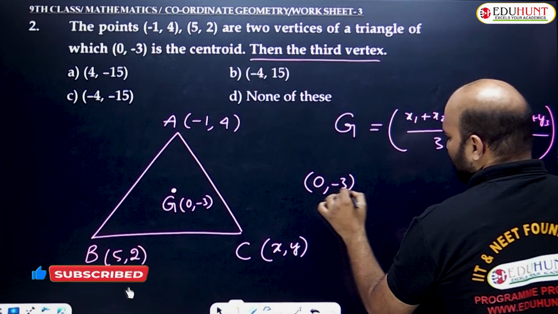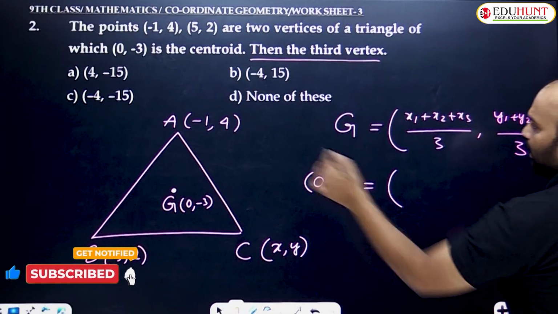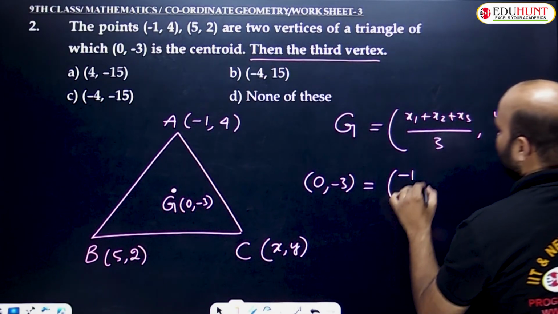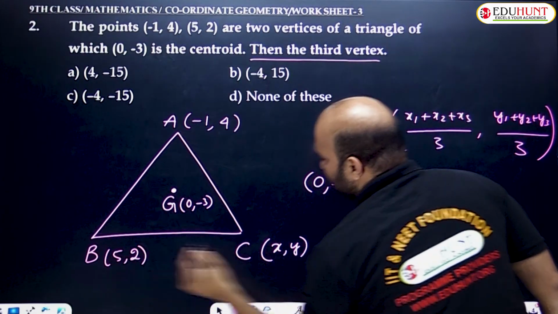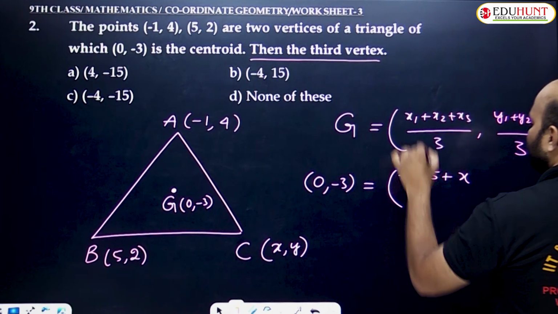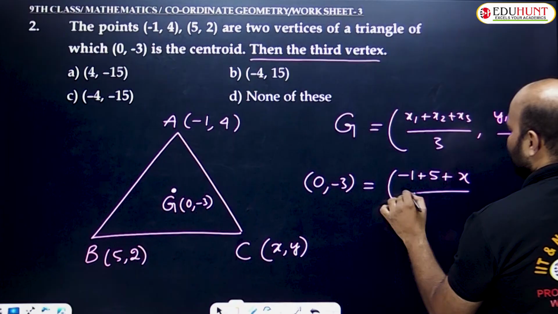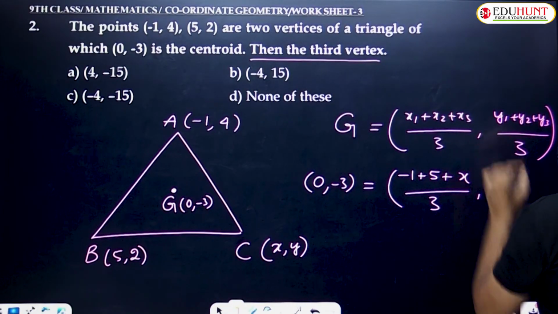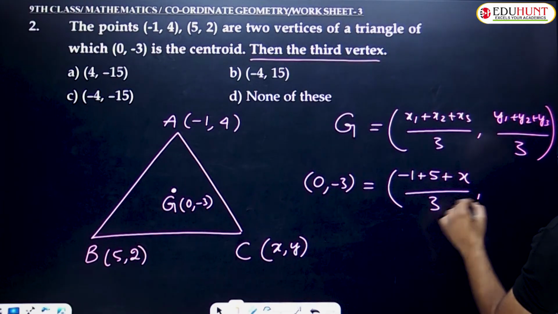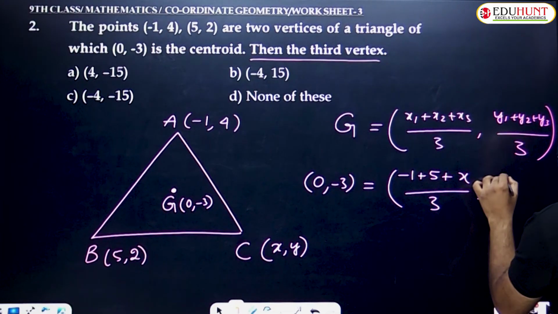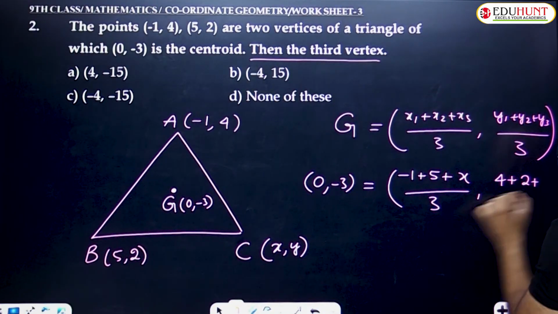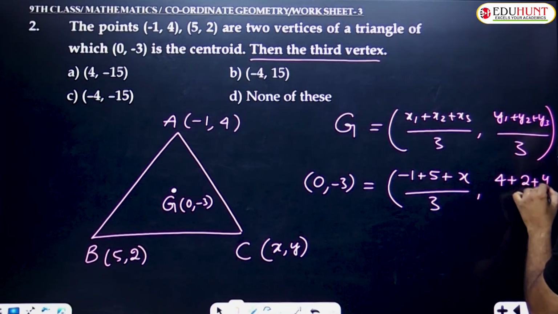So G equals: x1, the first coordinate of A, is -1, plus x2, the first coordinate of B, 5, plus x, by 3. Again y1 plus y2 plus y3 by 3: y1 is 4, plus y2 is 2, and y3 is the small y, whole by 3.